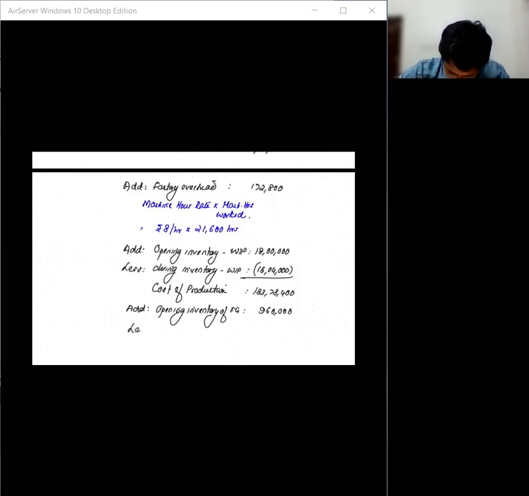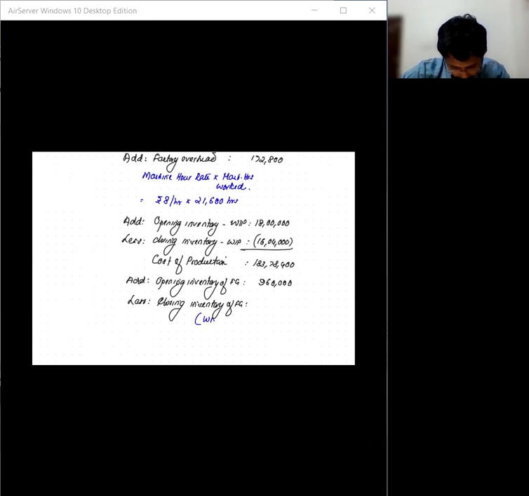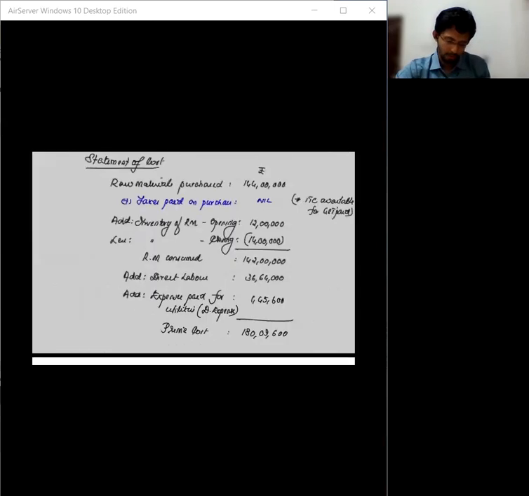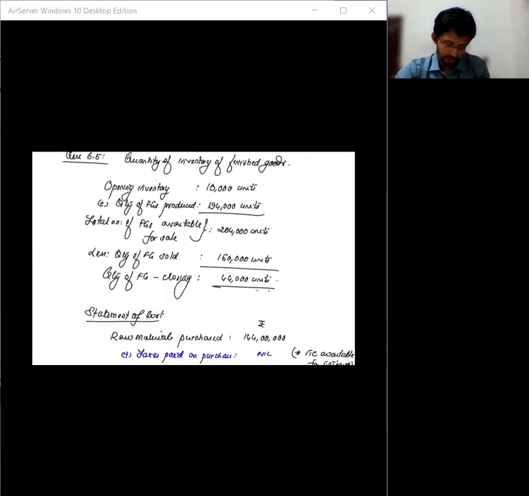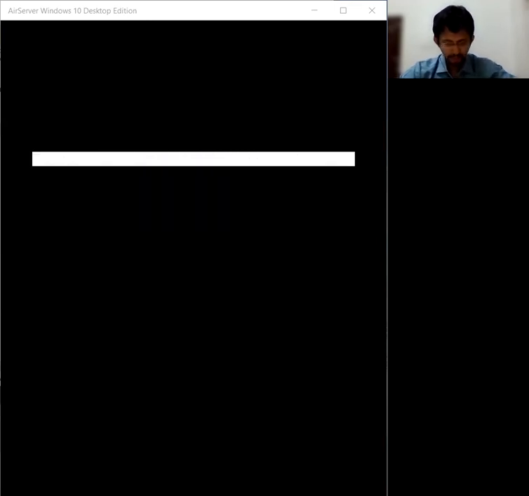Now less closing inventory of finished goods. This is something you have to compute. So working note number, the first one we have not numbered, so you can give it as WN1. Leave some space and compute.